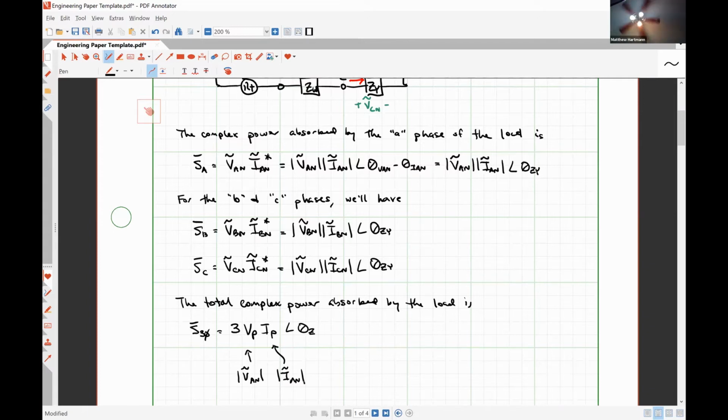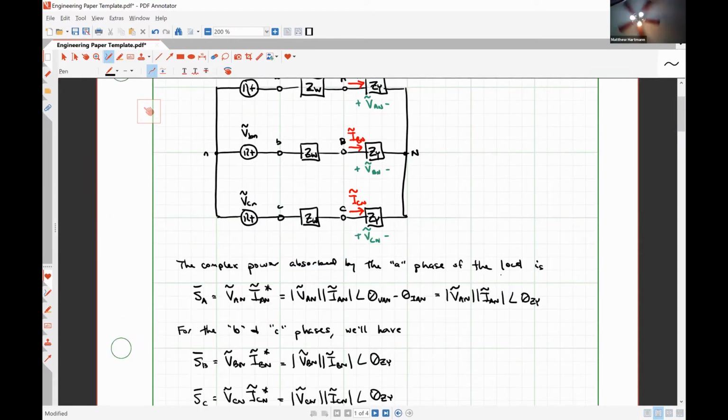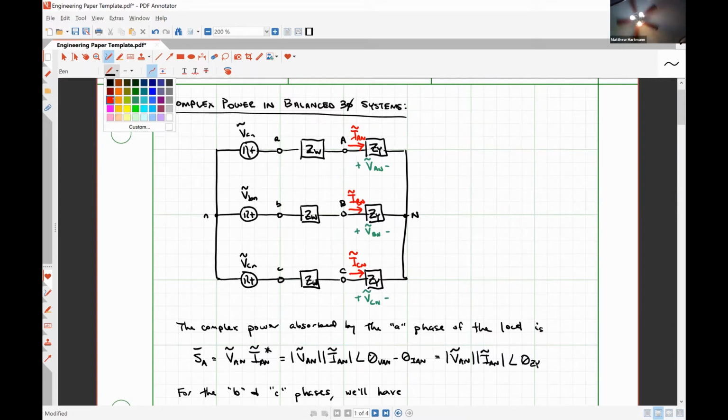Now, we can also get an alternative definition here. We can recognize that our line currents IAA, IBB, and ICC are the exact same currents as our phase currents through our load.